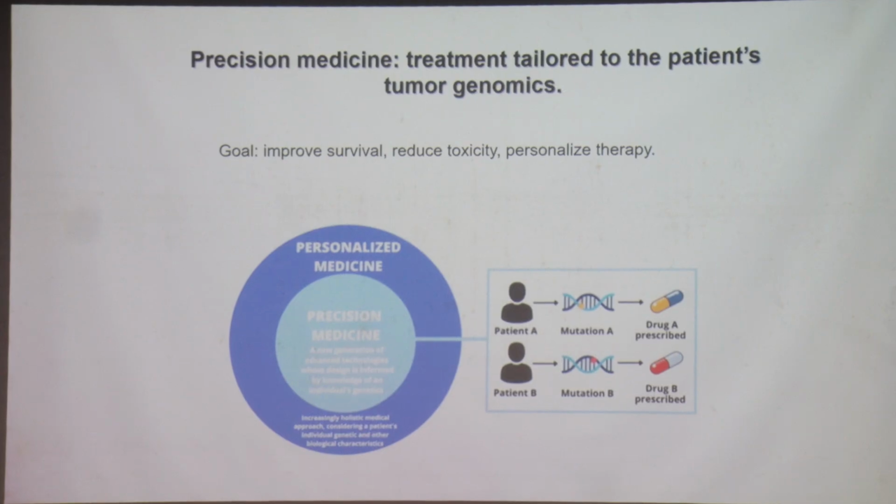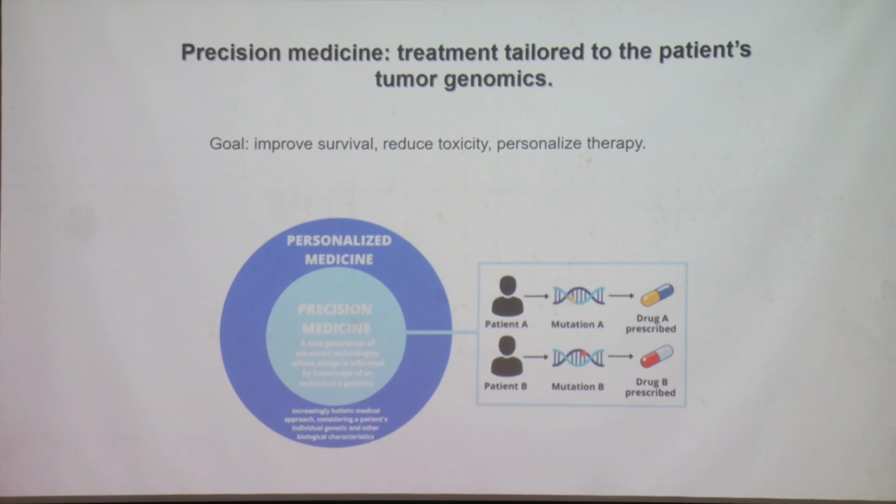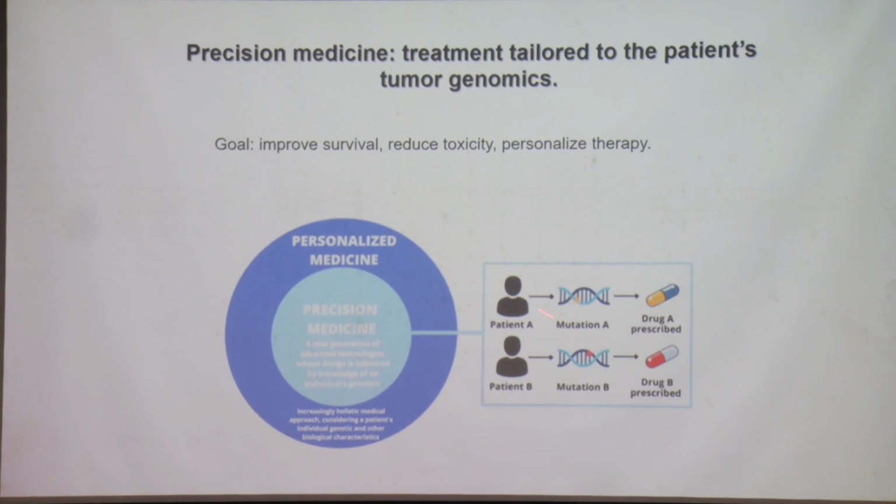It is besides the point that aurora inhibitor is also very toxic to start with. It is almost as bad as chemotherapy because aurora is expressed in every cell of our body, and if you inhibit aurora, every cell of our body suffers the consequence. But the point here is that if you figure out the exact mechanism, you can give that therapy.